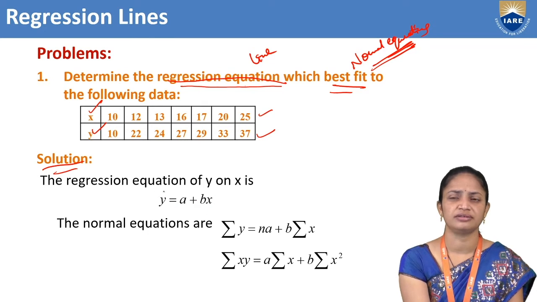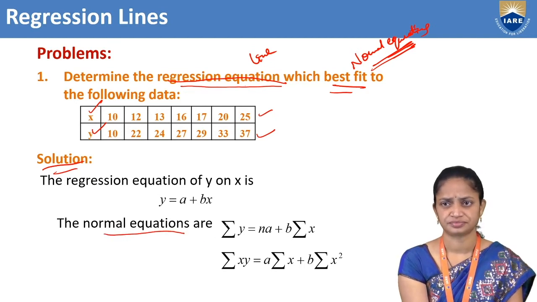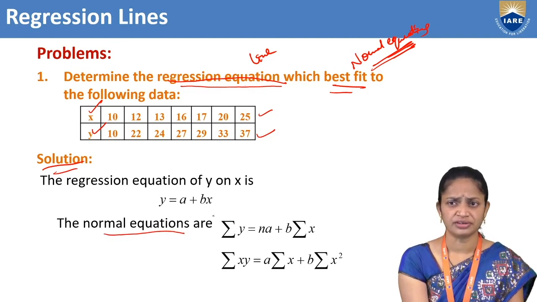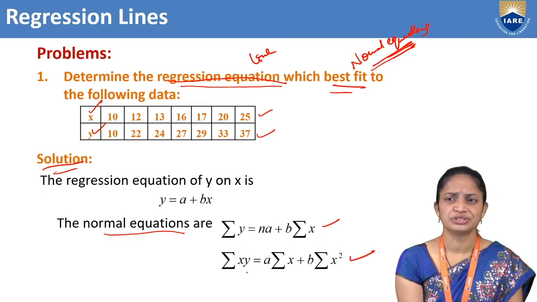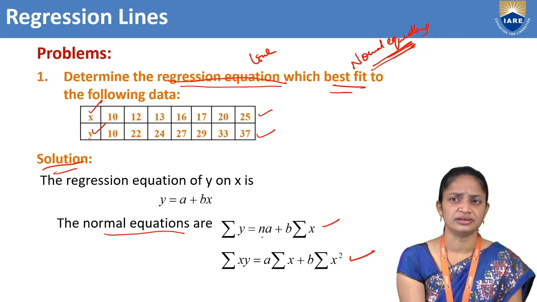For this equation, the normal equations are summation y equal to na plus b into summation x, summation xy equal to a into summation x plus b into summation x square.